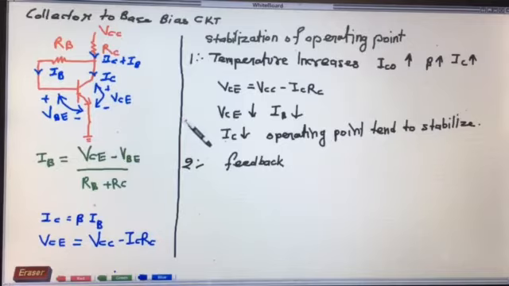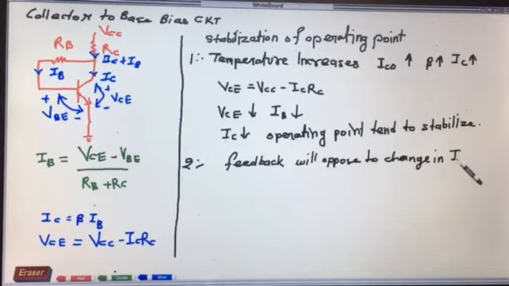This dependency of IB on the feedback tends to oppose the change in base current. That's why feedback will oppose the change in base current.